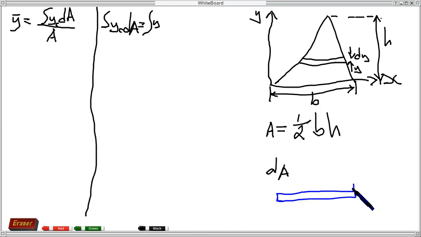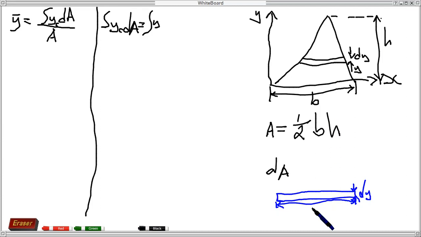This side is your dy, and the breadth from here to here would now be in terms of x. I think they should have given x somewhere here. It should be x because it's parallel to the x-axis.